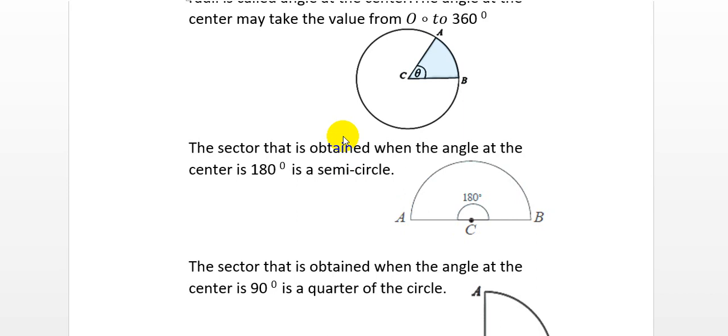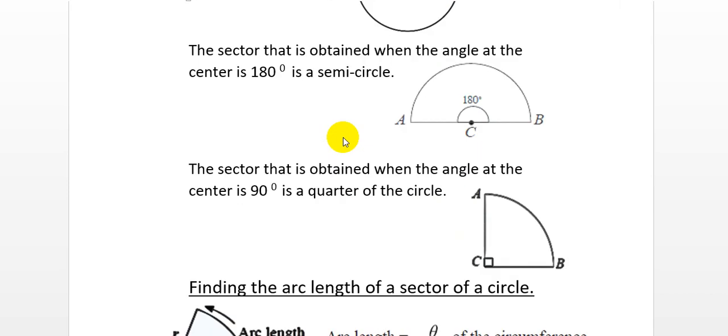And if I take another example, as you can see in this figure, which is also a sector of a circle, it is the quarter of the circle. The angle theta value here represents 90 degrees, whereas in a semicircle the theta value represents 180 degrees.